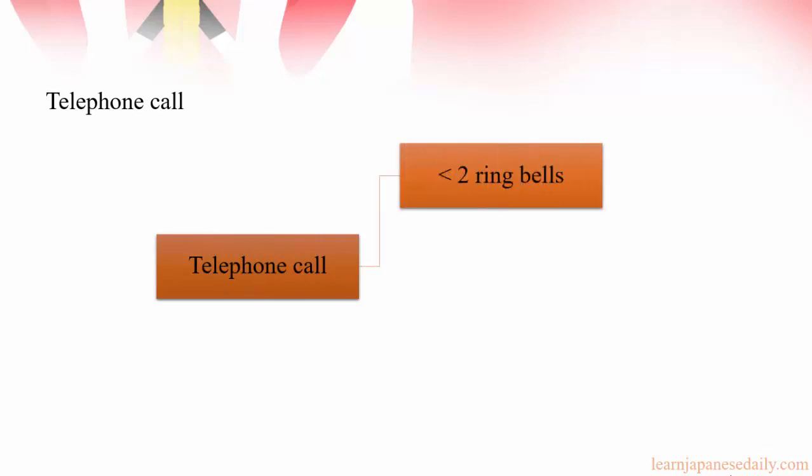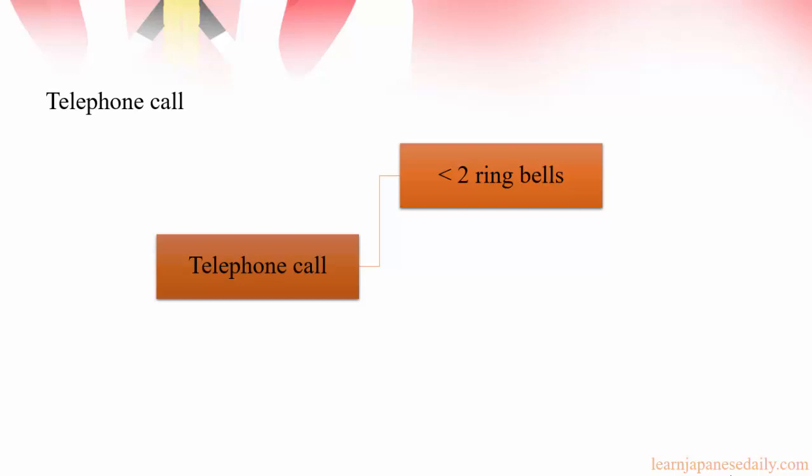Second is behavior on the telephone. Japanese companies have a view that the way employees behave on the phone is a basic thing to evaluate the company. It also affects the feel of the job. When the phone rings, we have to pick it up on the first or second ring, and say the name of the company.